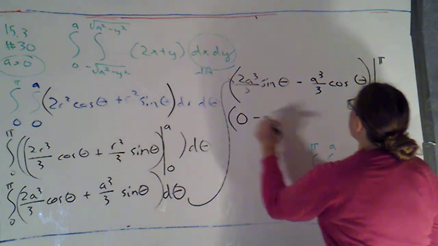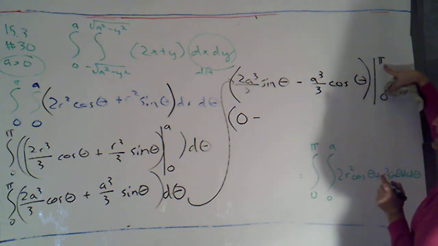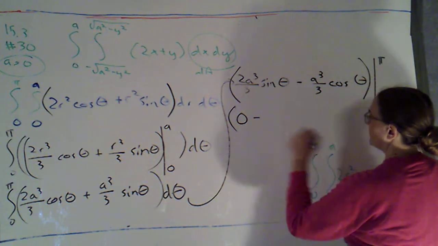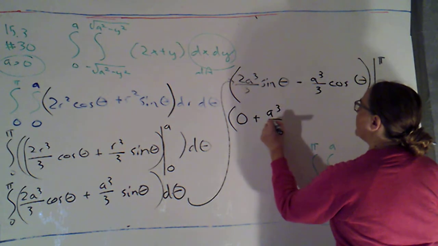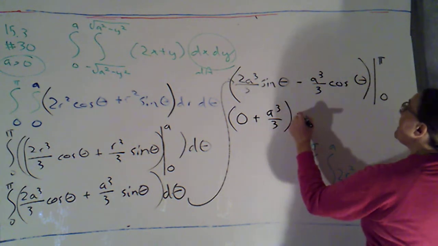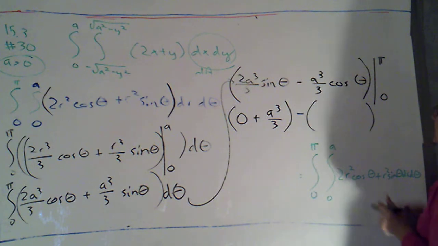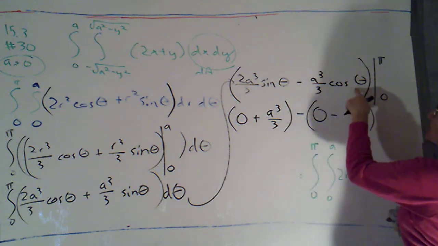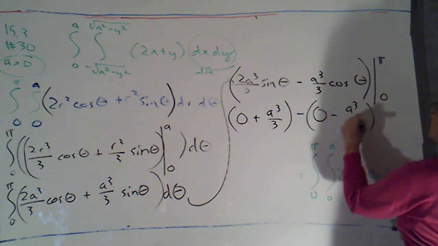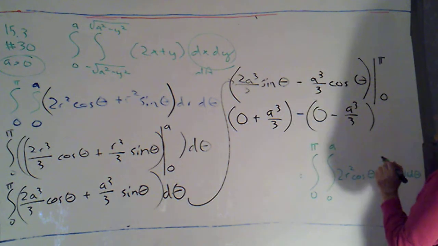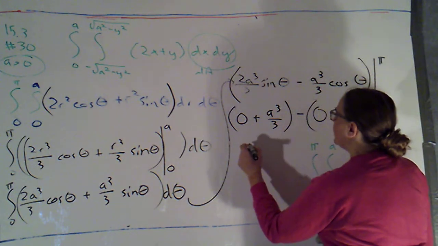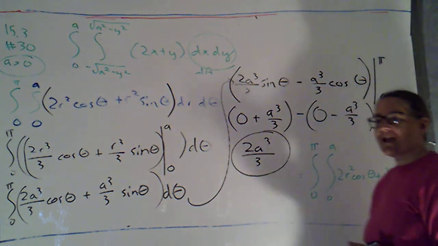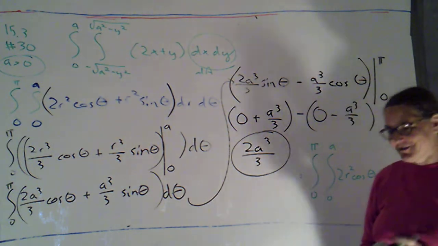Minus cosine of pi, which is negative 1, so that's negative 1 times a negative a cubed over 3, which becomes positive a cubed over 3. Minus what we get when we plug in 0. Sine of 0 is still just 0, and minus cosine of 0 is 1, so minus a cubed over 3. A cubed over 3 minus a negative a cubed over 3 is 2a cubed over 3. So that's how we would evaluate that lovely integral.